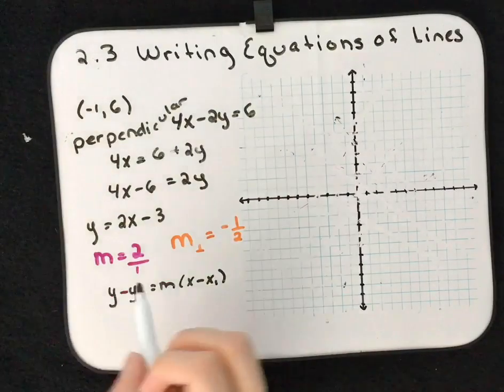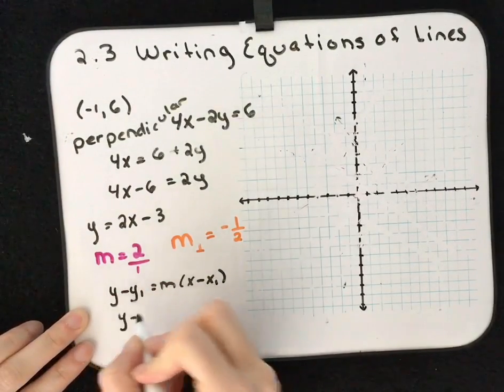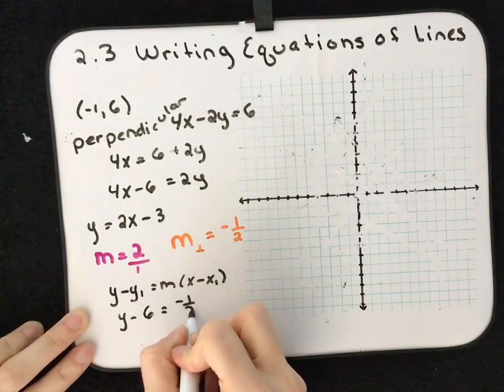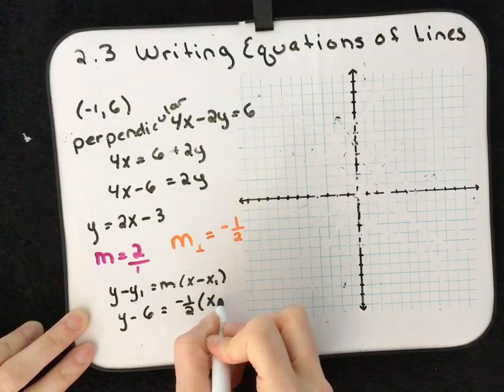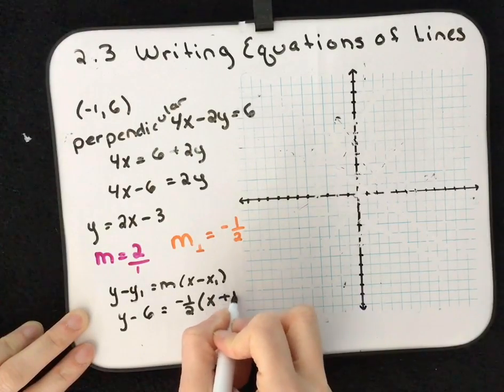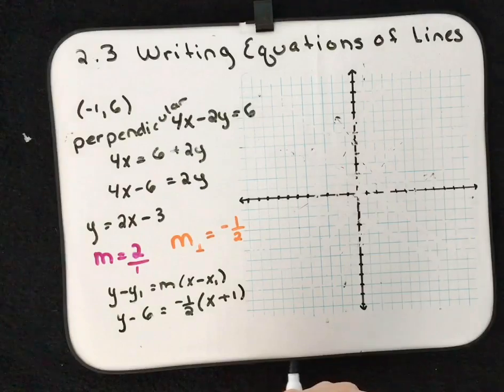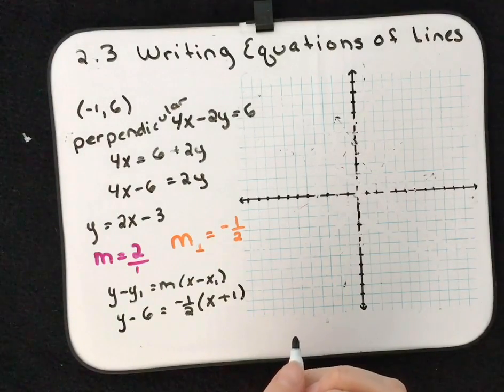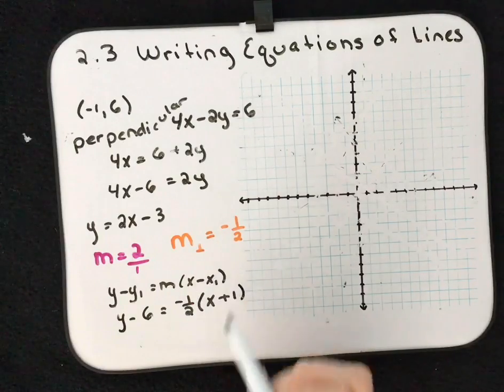And then we can substitute everything in. Y minus our y is still 6. Negative 1/2 is our new slope. X minus negative 1 will become plus 1. If you're asked for point slope form, that's finished. If you're asked for slope intercept form, you can distribute and simplify down.